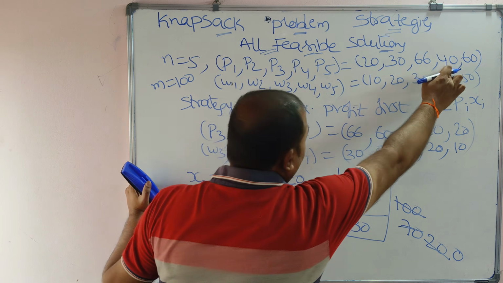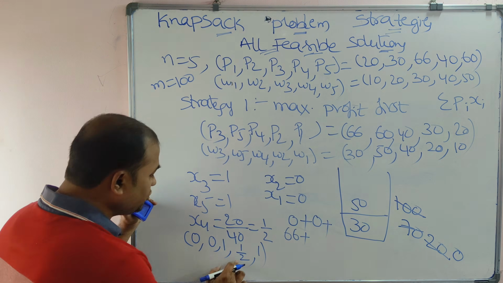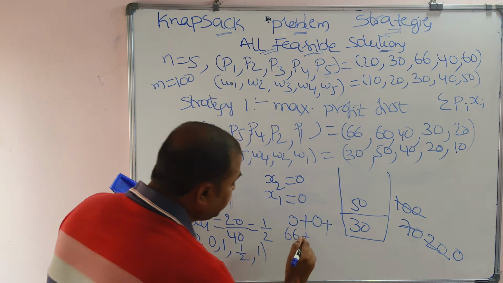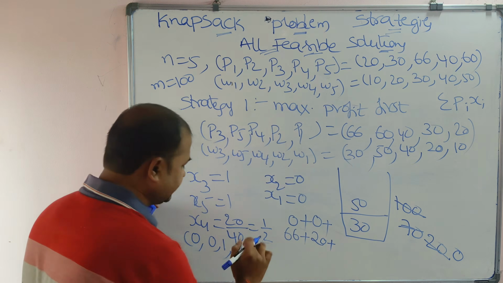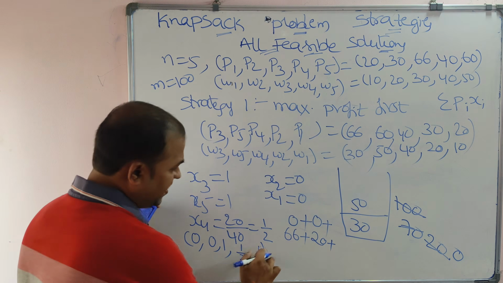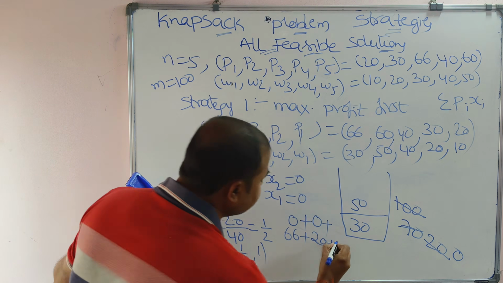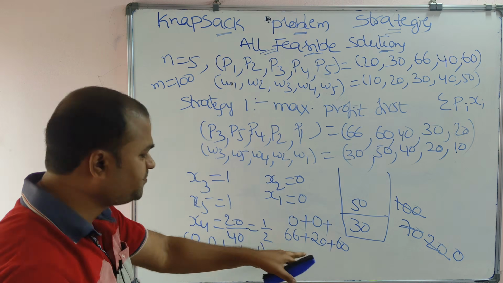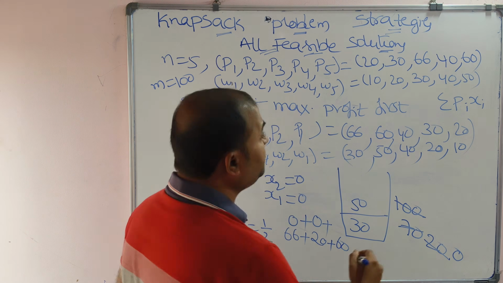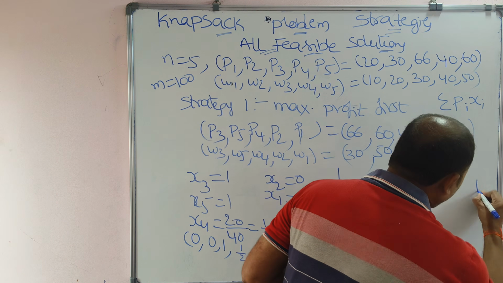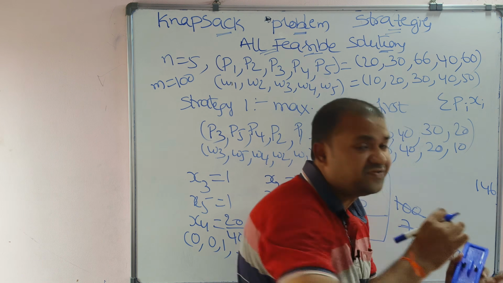Next, what is P4? 40. 40 into x4, which is 1 by 2, means 20. Next, what is P5? 60. x5 is 1, so 60 into 1 means 60. So 66 plus 60, 126. 126 plus 20, 146. So 146 is the strategy 1 profit.